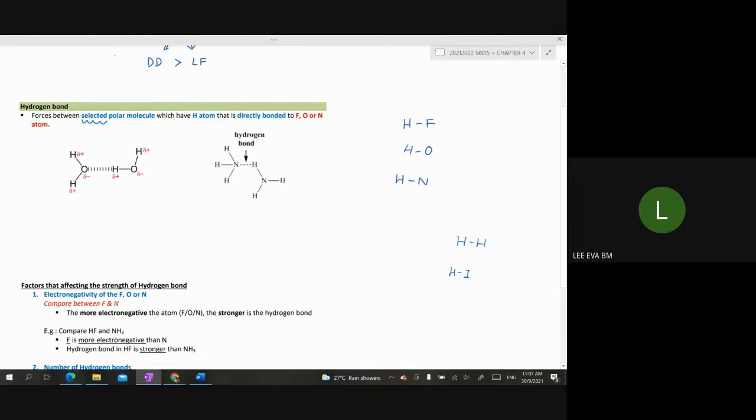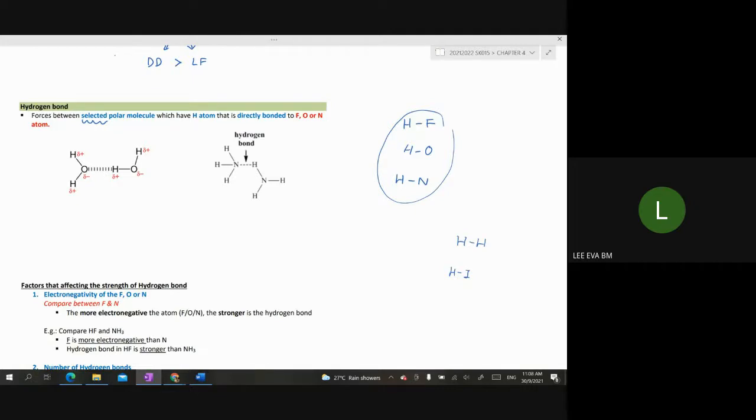As long as it doesn't attach to FON, then there is no hydrogen bond. Then you need to figure out what is the other intermolecular force in that molecule. So we are only focusing on these three types, H directly bonded to FON.